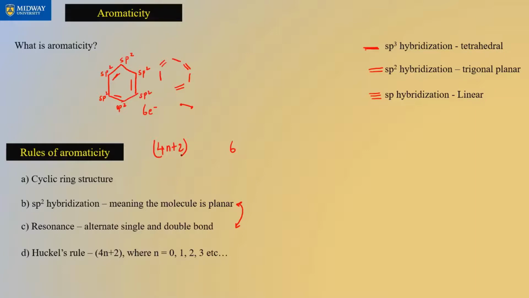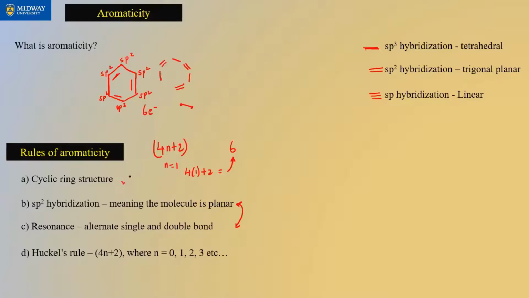If you cannot get 6 out of this formula, that means even if the other rules are met, the molecule is not aromatic. For instance, I could substitute a value of 1 for n. I will give this to you on the back of the test as an appendix. You do not have to memorize this. So 4 times 1 plus 2 equals 6. So I'm able to get the 6 back out of the formula. So if all of these rules are met, then the molecule is aromatic.